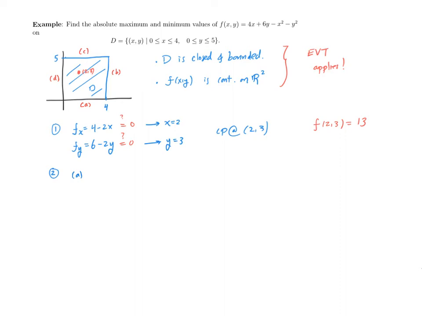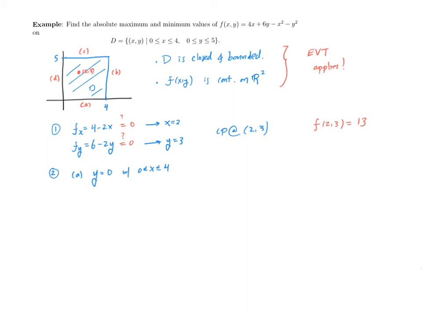So let's start with side A, and what we need to do is describe it. Side A is made up by the line segment y equals 0, with the x values being restricted between 0 and 4. So we are simply describing this bottom of the rectangle. Y is 0, as in this line segment, specifically from 0 to 4.